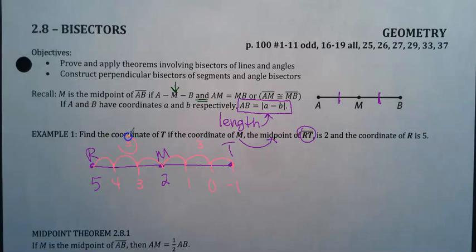So this number is my distance to prove that M is my midpoint. They should be equal distances. So I can just use a picture here. So T could be -1. Or not could be, T is -1. So it is at -1.